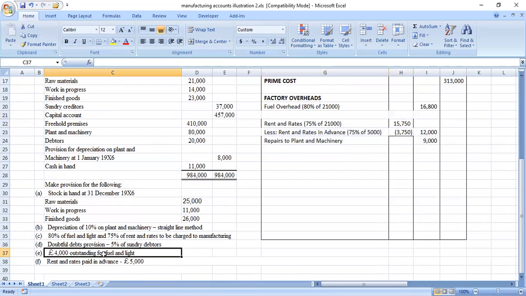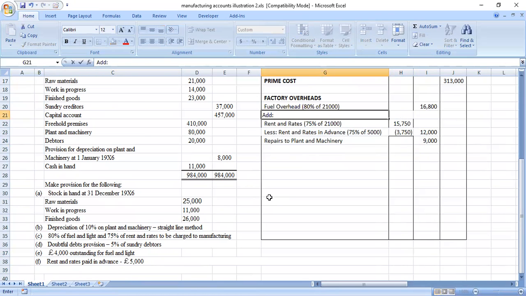So for outstanding or accrued expenses, we said we add. Please refer. So you have that video? Yes. Yeah, so we add the outstanding expenses. So we have outstanding expenses for fuel and light. So we add, so outstanding, it's supposed to be how much?